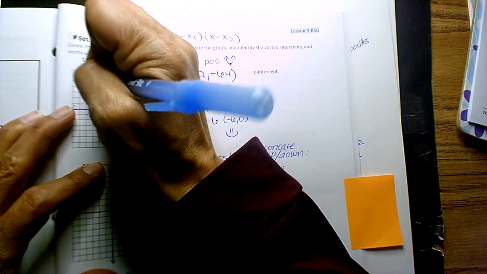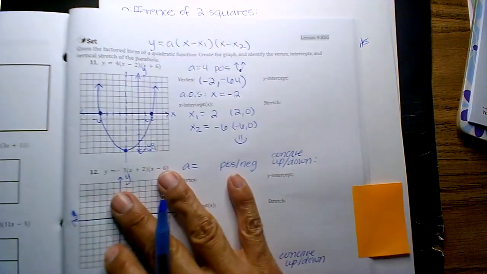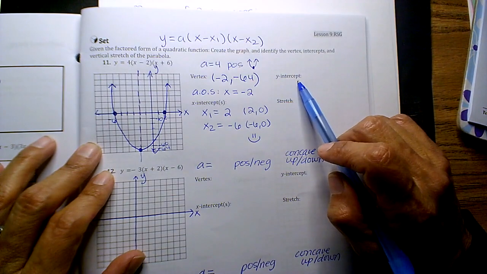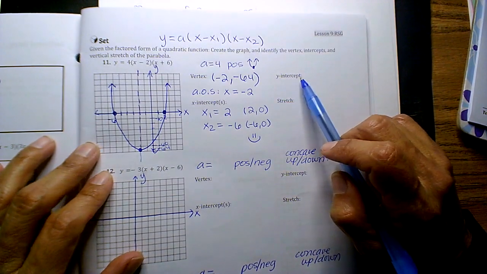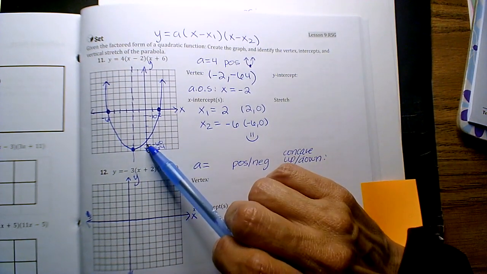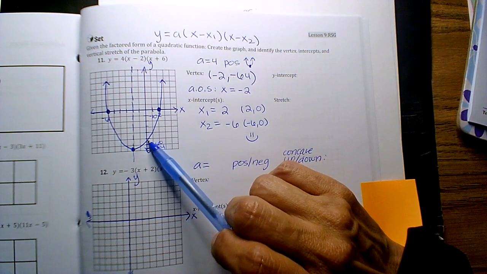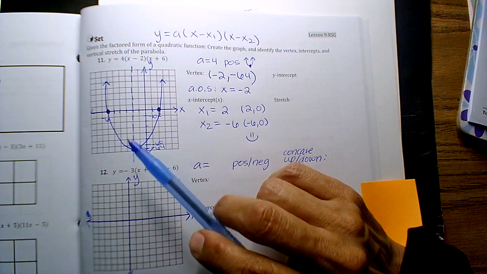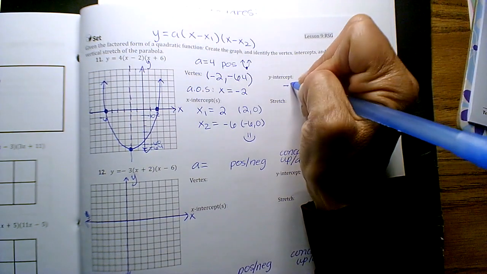Okay, there's your graph. It wants your y-intercept. The problem is you're going to have a lot of human error with the y-intercept. I mean, -50 something.